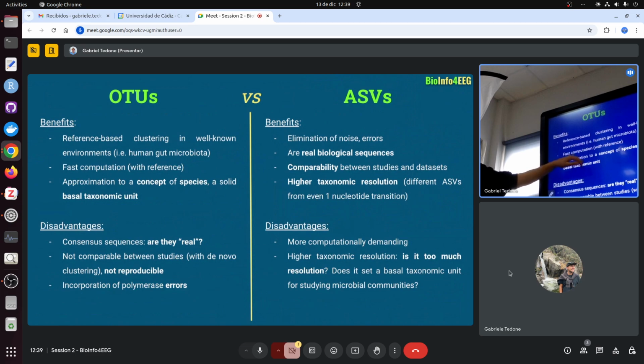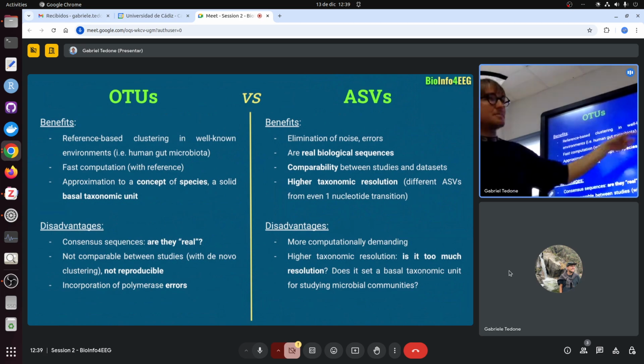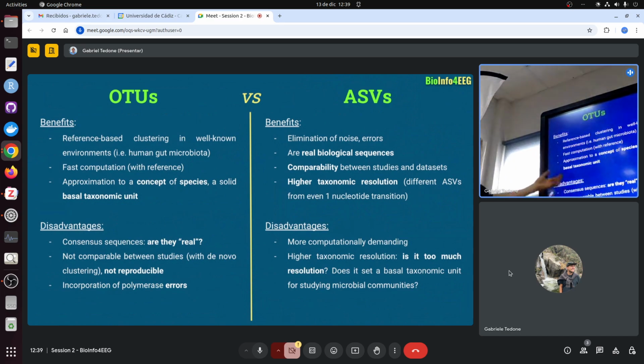It is fast and, more or less, easy to do with the reference. It also approximates a concept of species, and it represents a solid basal taxonomic unit. We'll see this a bit later.